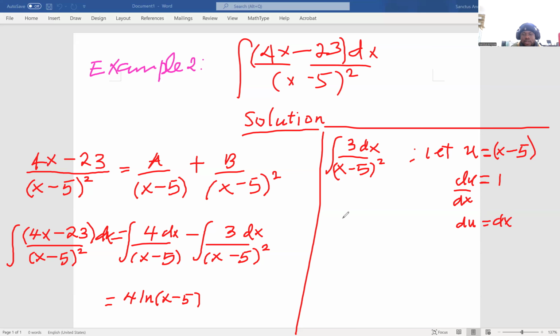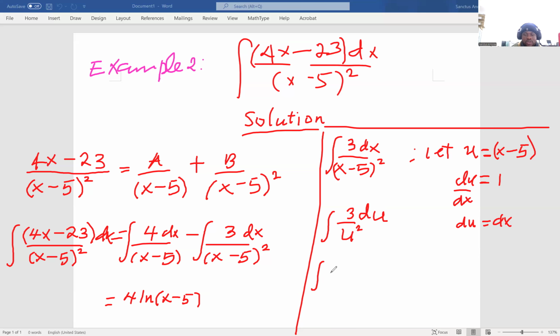Nice. Now, we'll come back to this integration. We have that this is the integral of 3 over u squared. Then what's our dx? Our dx is du. Everything is turned to u now. So we can now integrate this.